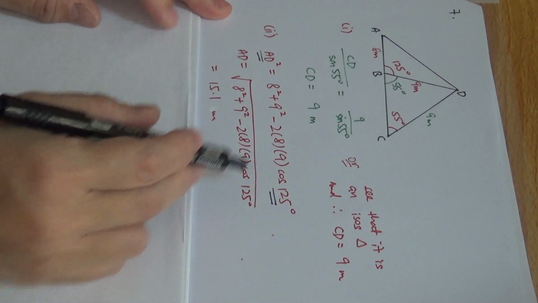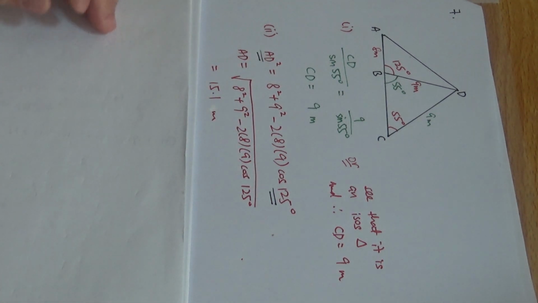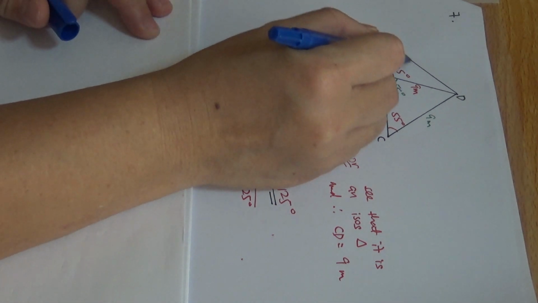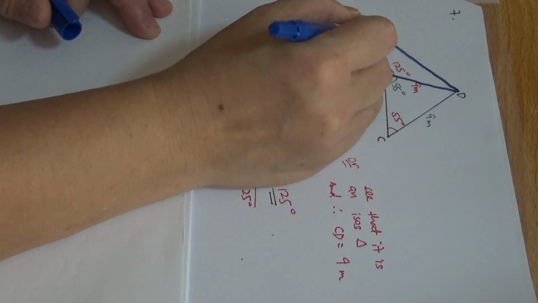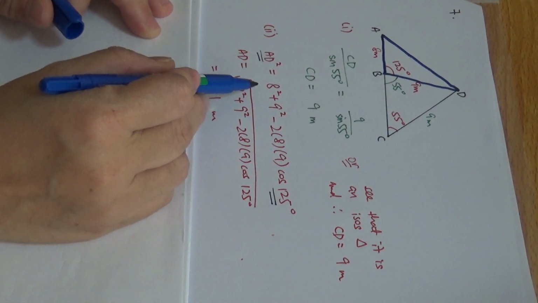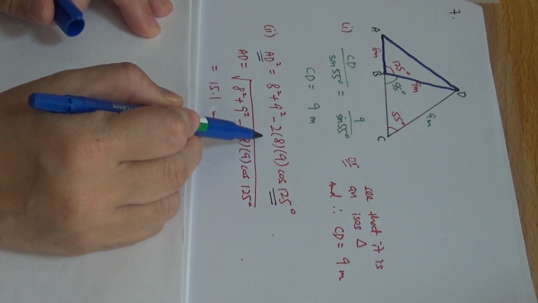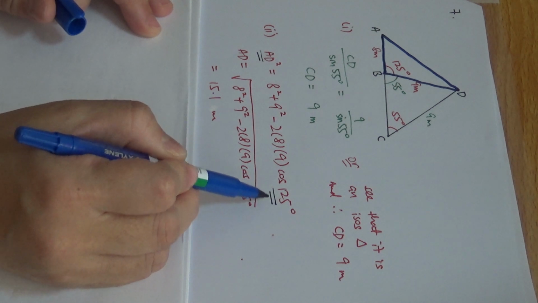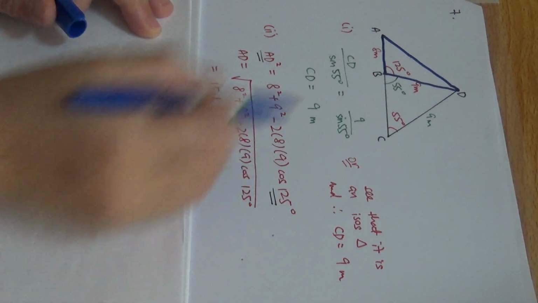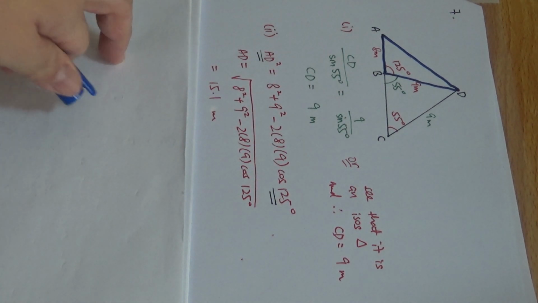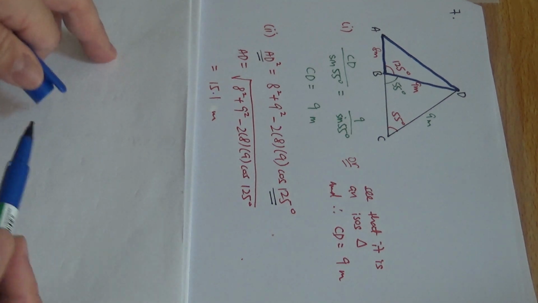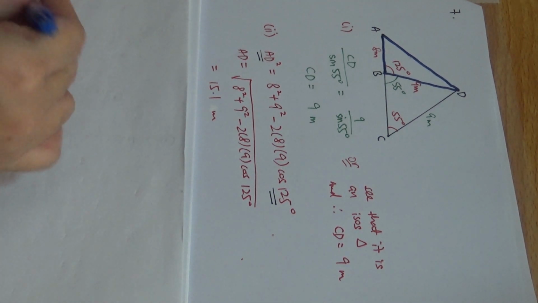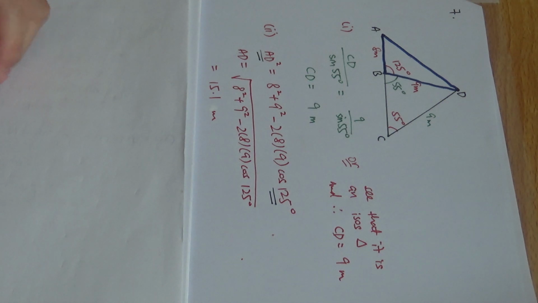For this particular formula, I'm actually looking at this triangle. That's why I have 8 squared plus 9 squared minus 2 times 8 times 9 cosine 125 degrees. I'm looking at the triangle that I've highlighted for you in blue. Okay, so that will be your question number 7.